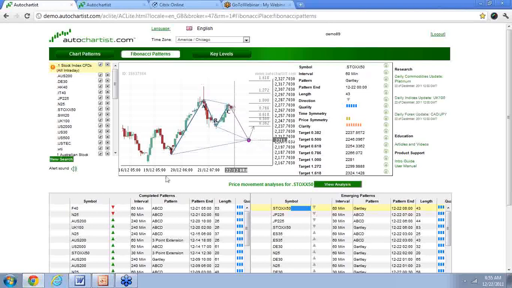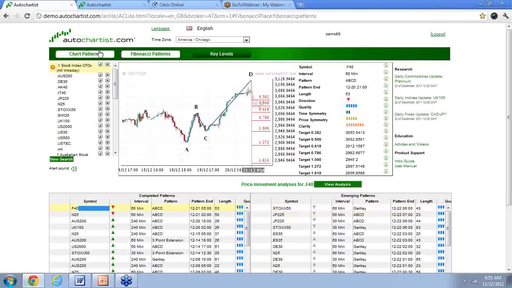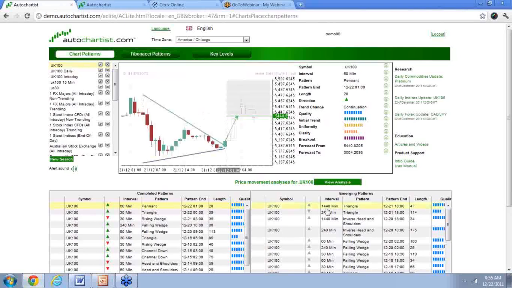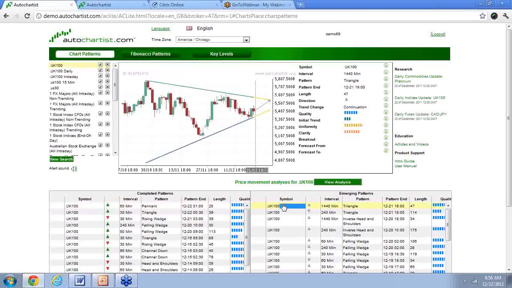Okay? So if you are a trader that likes to look ahead, I'm one of the guys that suggested, for example, on these chart patterns, and the good fellows at Autochartist accommodated me, that I like to see extensions out.